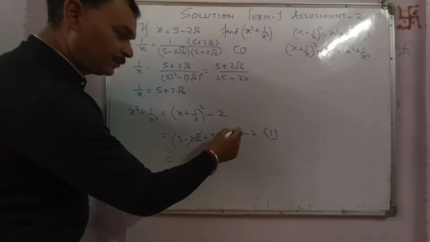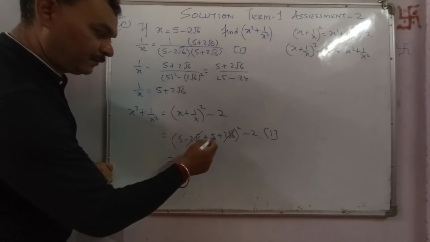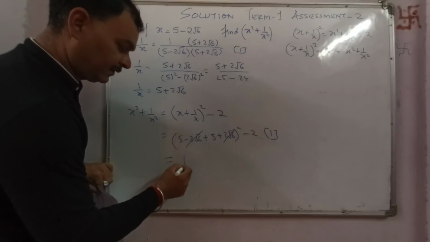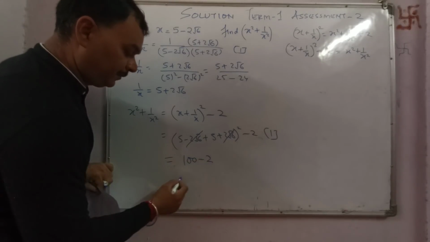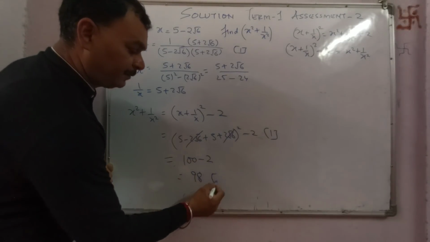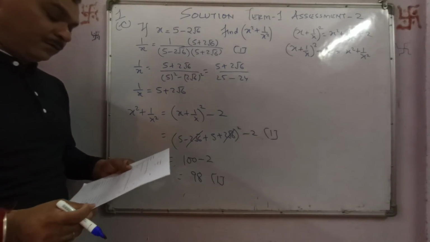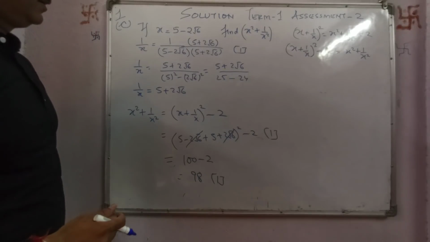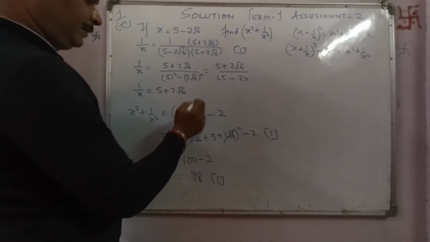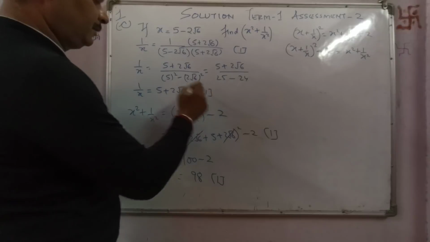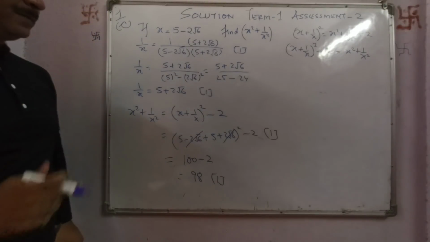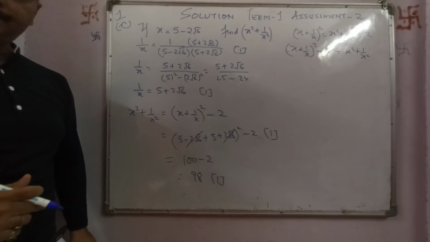Now minus 2 root 6 plus 2 root 6 will be cancelled out. 5 plus 5, that is 10. Square of 10 is 100. 100 minus 2, 98. And 1 mark for the correct answer. But this question is of 4 marks, so we'll give you the 1 mark over here also, for finding 1 upon x, 5 plus 2 root 6.